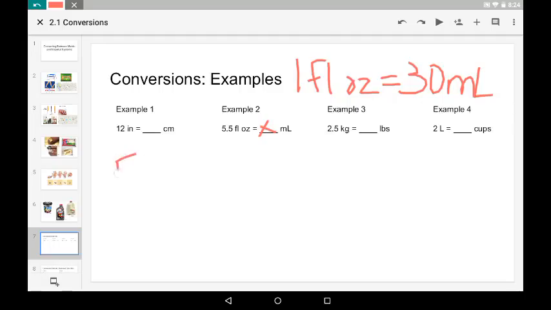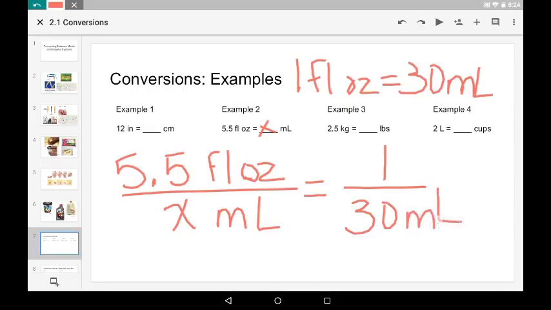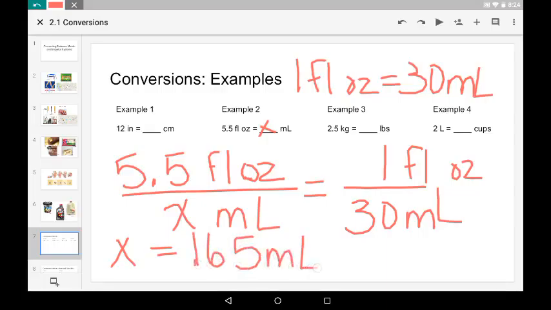So we have 5.5 fluid ounces over x milliliters. Make sure that fluid ounces is on the top on the other side and milliliters is on the bottom. Then you go 5.5 times 30 divided by 1, and you end up with 165 milliliters.